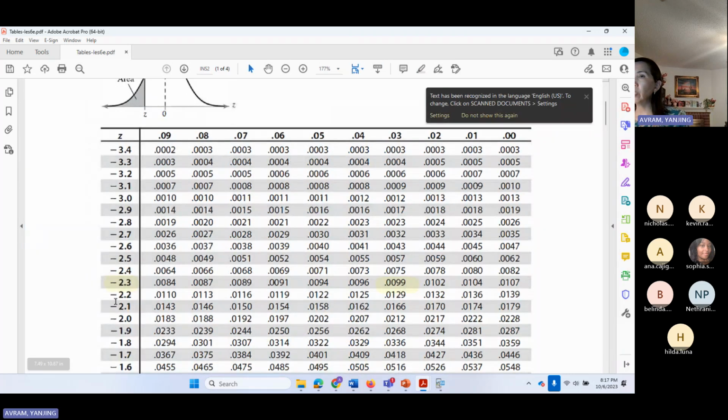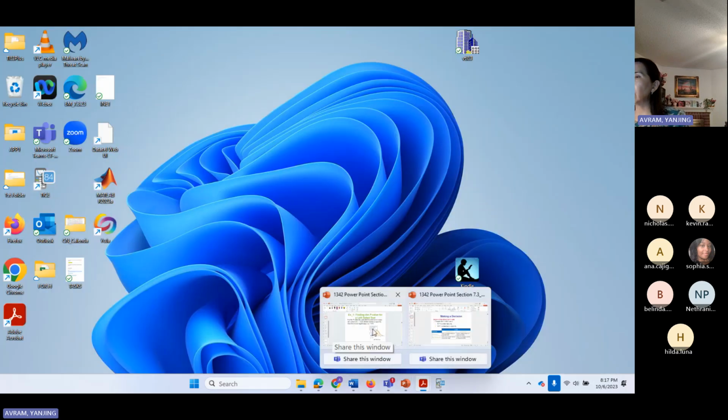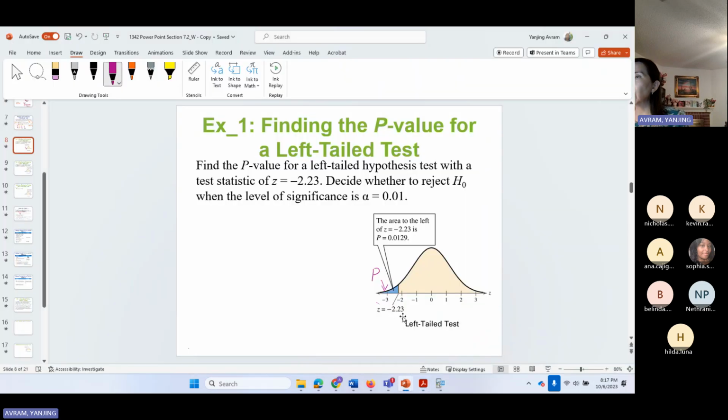So this one is 0.0129. That is how you get this answer, 0.0129. When you read the table, that is your p-value.